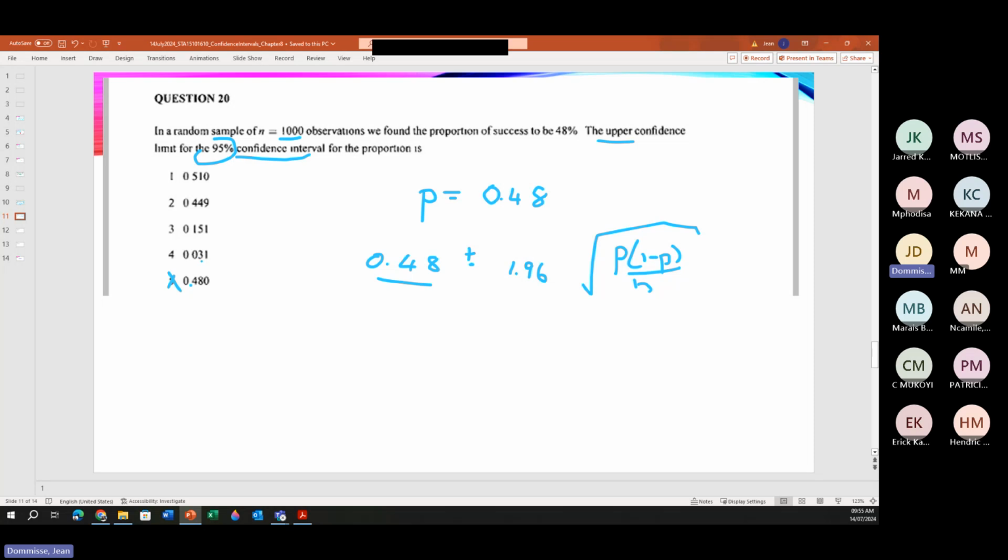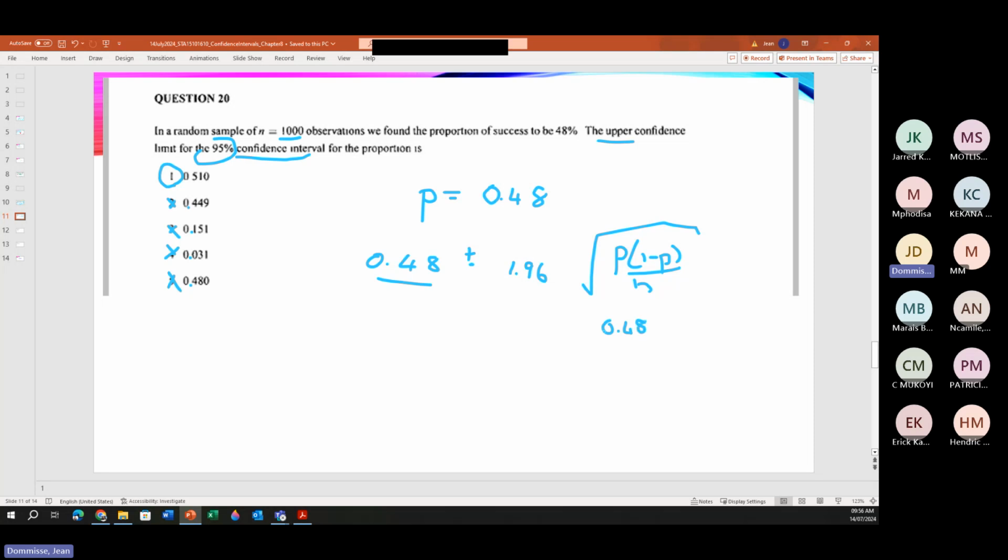Okay, that is not more than 0.48. 0.15, no. 0.449, no. So even before we started off with calculating, we only actually have one answer. But let's work it out just so that we see what we get.